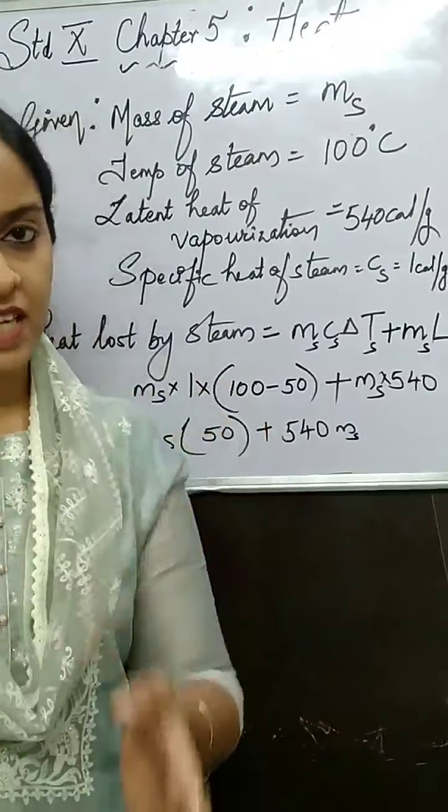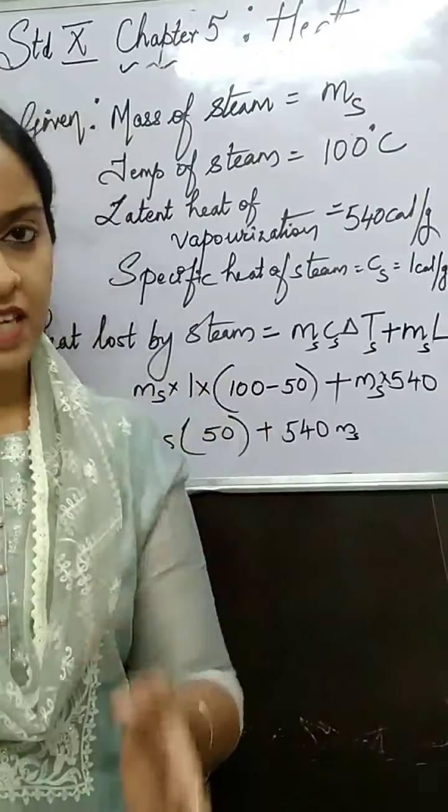Specific heat of the calorimeter is given as 0.1 kilocalorie per kilogram. Then next, about the liquid I have written. Mass of the liquid is 250 gram. Delta TL of the liquid. Liquid was at 30 degrees Celsius. When ice comes, the liquid will also lose its temperature.